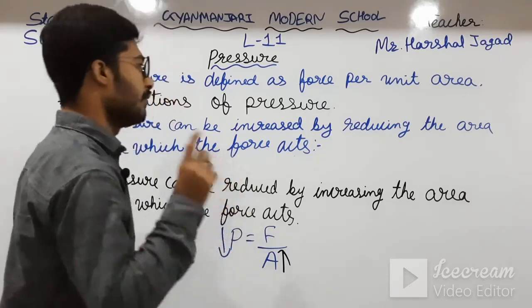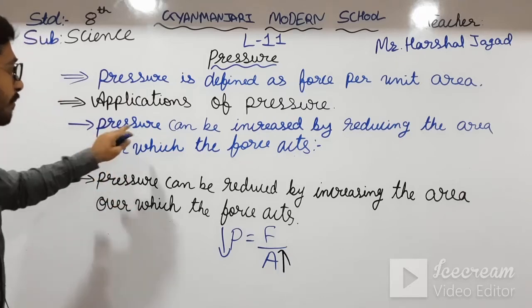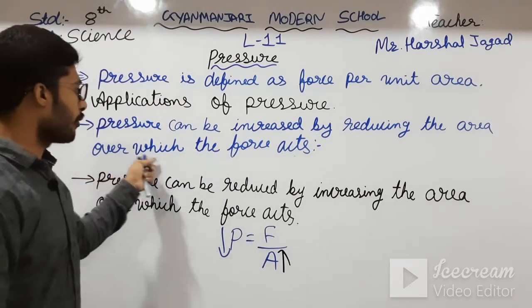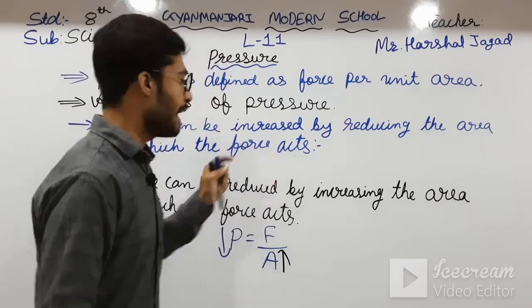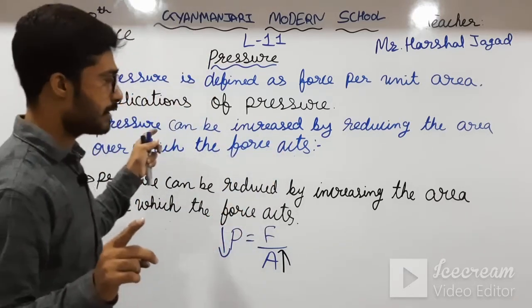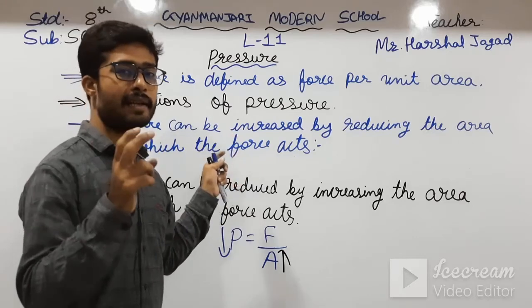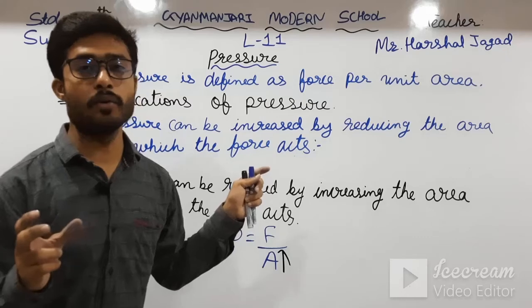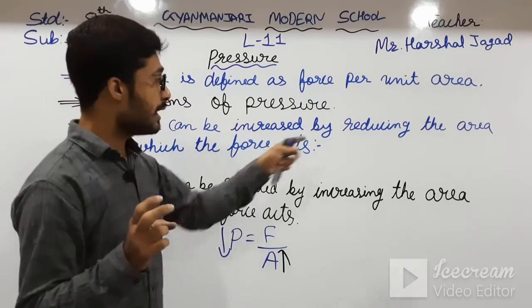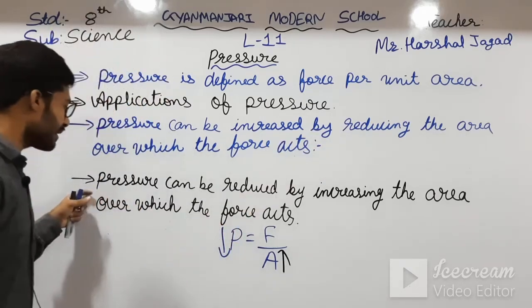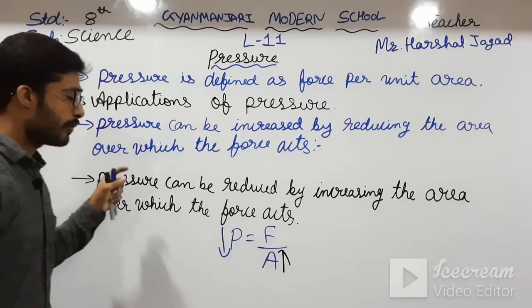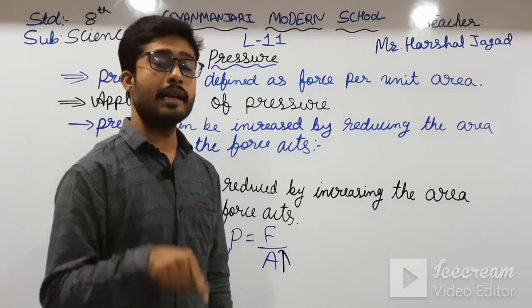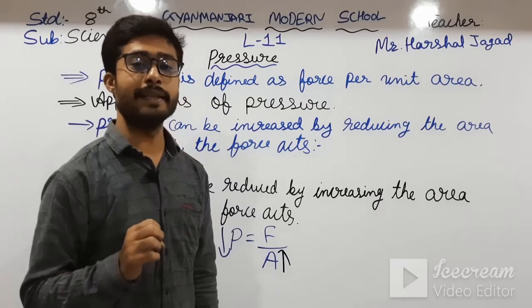Okay students, the first case was pressure can be increased by reducing the area over which the force acts, and in the second case they want to reduce the pressure, so what they do, they increase the area so that the pressure value will be decreased.